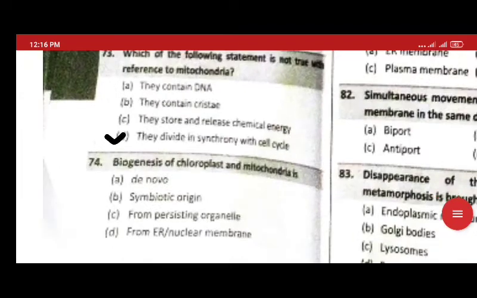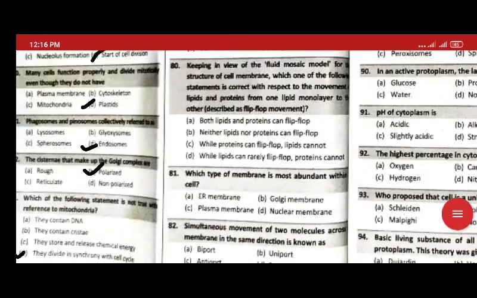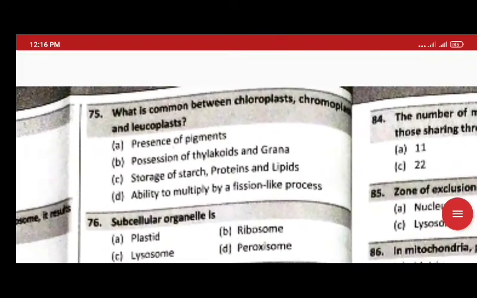Now 74, biogenesis of chloroplast and mitochondria means formation from pre-existing ones, so C option is right. Now 75, what is common between chloroplast, chromoplast and leucoplast? They all are for fission.